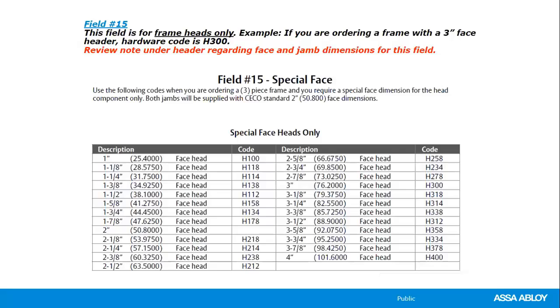Field 15 gets into your special face. Now, in Ceco's order book, you'll have this page, which is the special face, and you'll see it says special face heads only, which means that it's only your head. So you could have your 2-inch side jambs, and your header will be a 4-inch face.